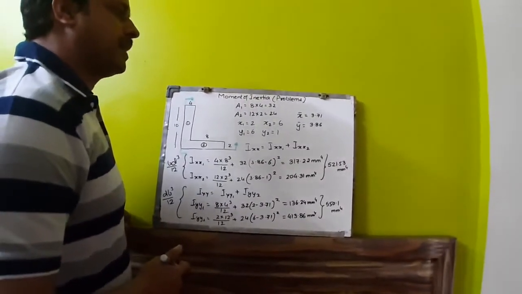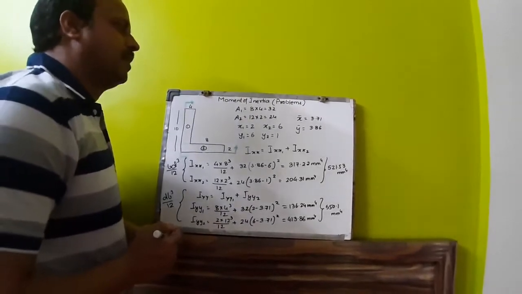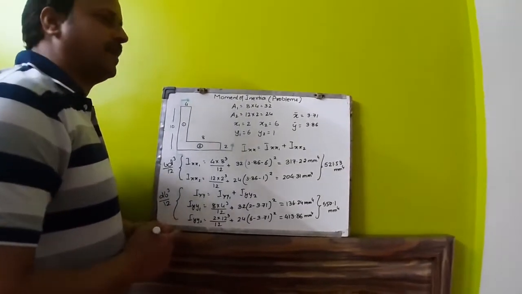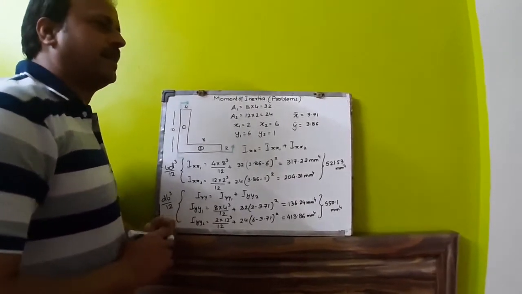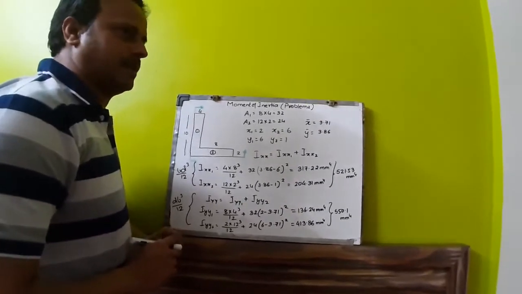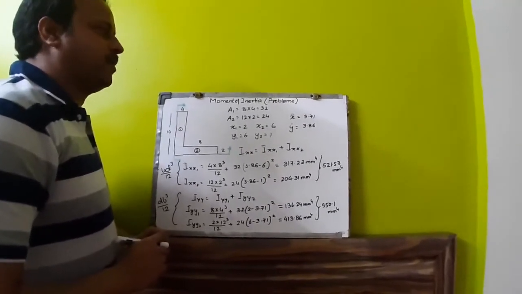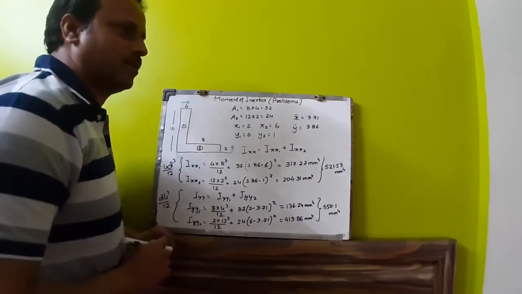There are different types of problems that you will see in moment of inertia. One type of problem is: determine the moment of inertia. If the statement is determine the moment of inertia, that automatically means it is about the centroidal axis. In mechanical design problems, all problems that are stated are about the centroidal axis only.